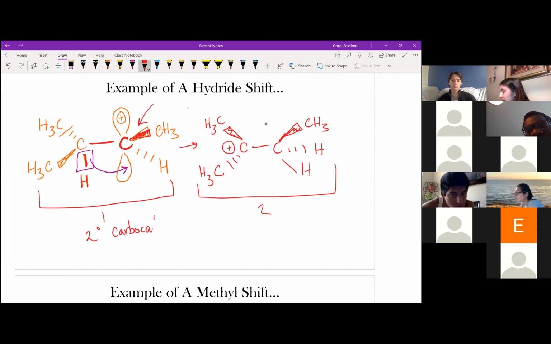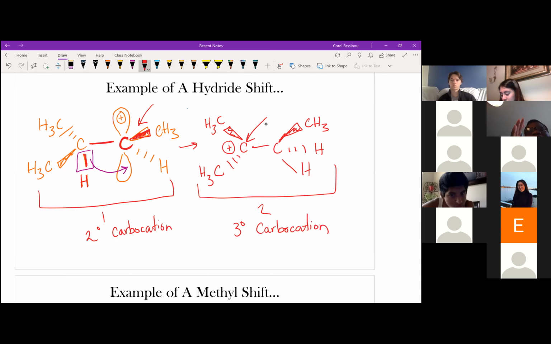Now, what kind of carbocation do we create after the shift? So what kind of carbocation is that now? Tertiary? Yeah, exactly. So by doing this hydride shift, just moving that hydrogen, we are able to go from a secondary carbocation to a tertiary carbocation.